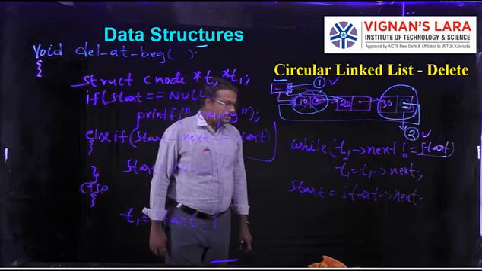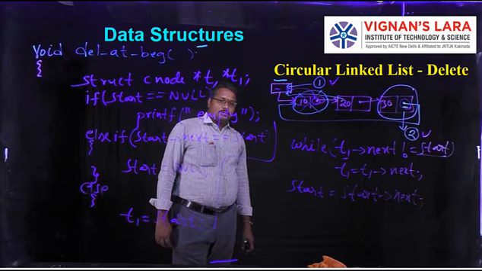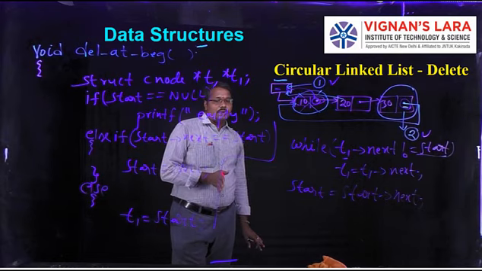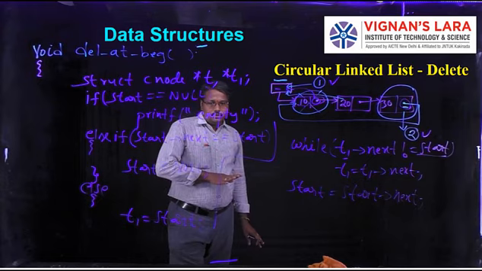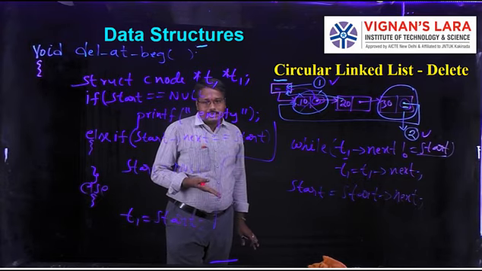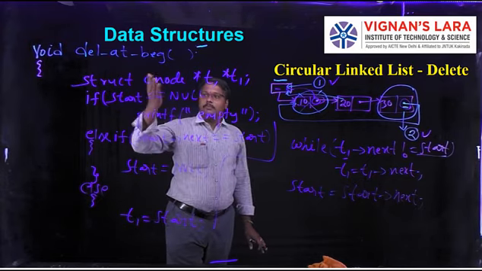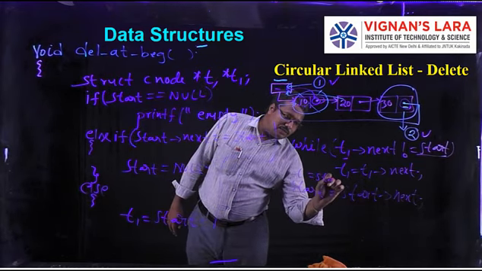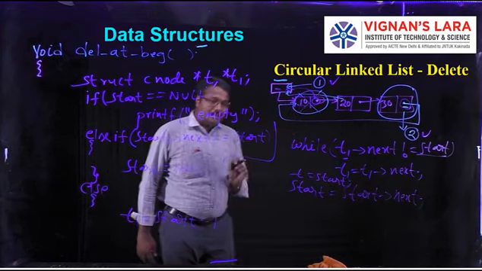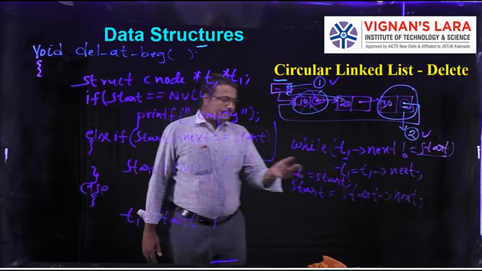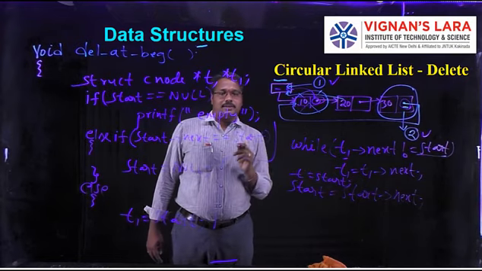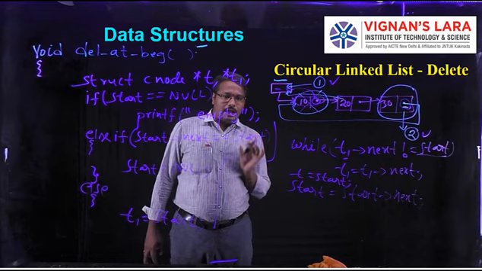But here we are missing one statement. What is the node we want to delete right now? We want to save that particular node address and we have to save into T. So T is equal to start. The start value initially copied into T. Why? Because the starting node having 10th node address, so the 10th node right now I am deleting.